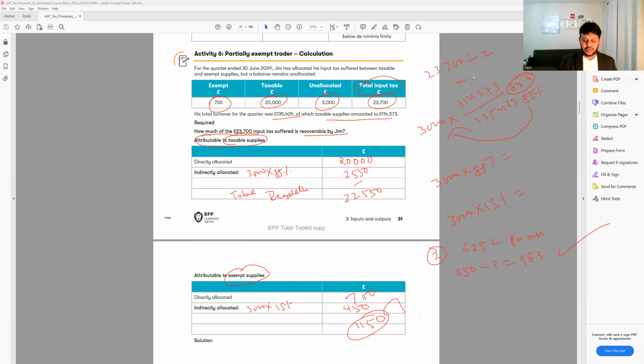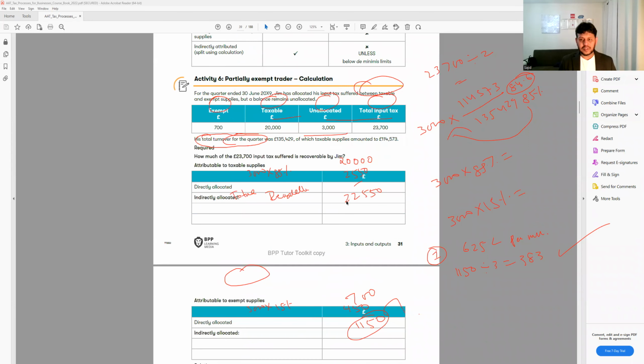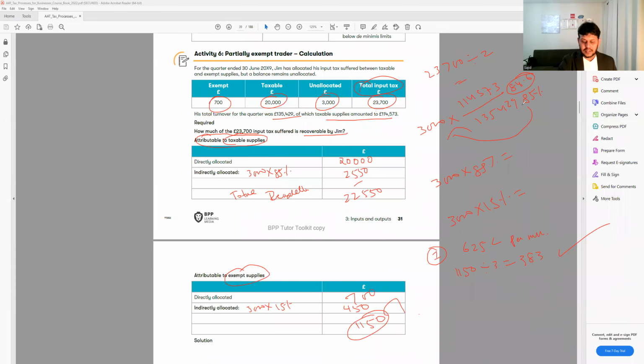Let's quickly look at the formula once again. They said 50% of the total input tax. Yes, so 50% of the total input tax. If I make 50% of that, 23,700 divided by 2, that gives me 11,850.